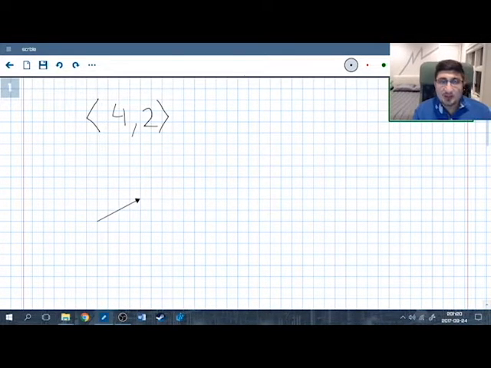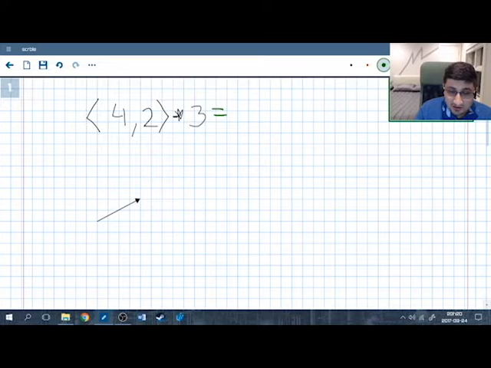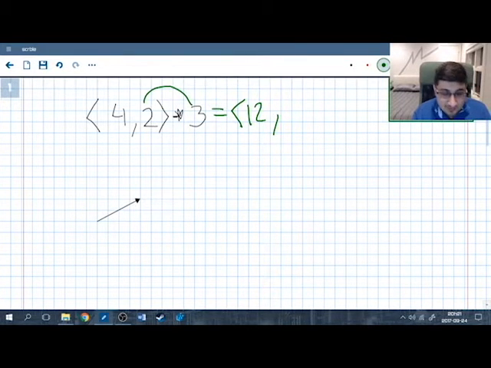So what are the things that we can do with this vector? The first thing we can do is to multiply and divide this vector with real numbers. For example, we can multiply this times 3, and if we want to see what this vector equals, you multiply each individual component by 3. For example, 4 times 3, that's 12, comma, 2 times 3 is 6.